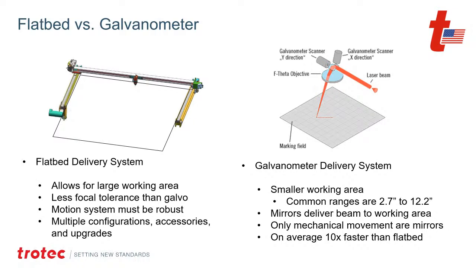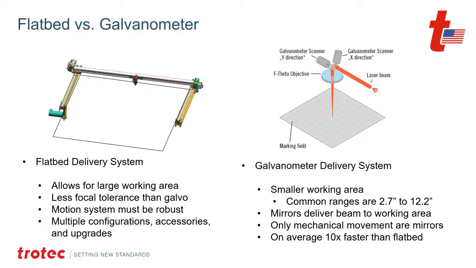The flatbed is a large working area, XY axis gantry motion system, typically allowing for a much larger working area. It has less focal tolerance than a Galvo, but the motion system is very robust, and it allows a lot of configurations, accessories, upgrades, and it ranges in much, much larger sizes.